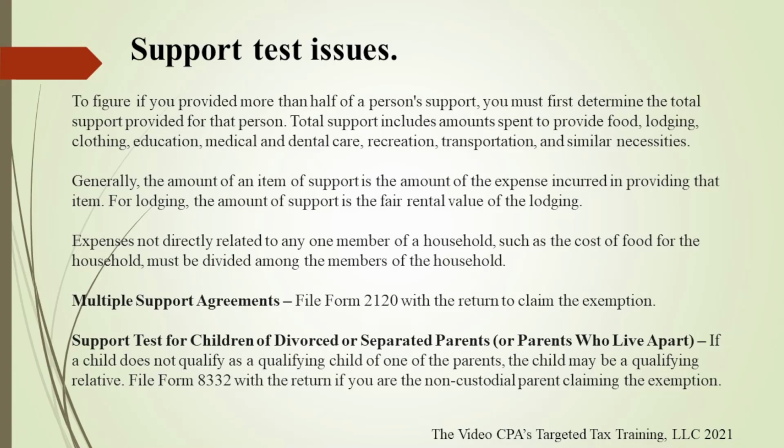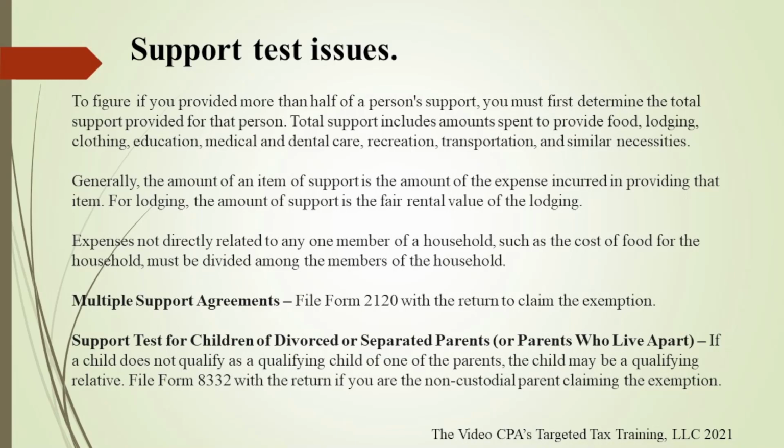All right. There are situations where nobody meets the support test, at least over half the support for the year. And in that case, multiple support agreements are available. In order to get a multiple support agreement, you file Form 2120.